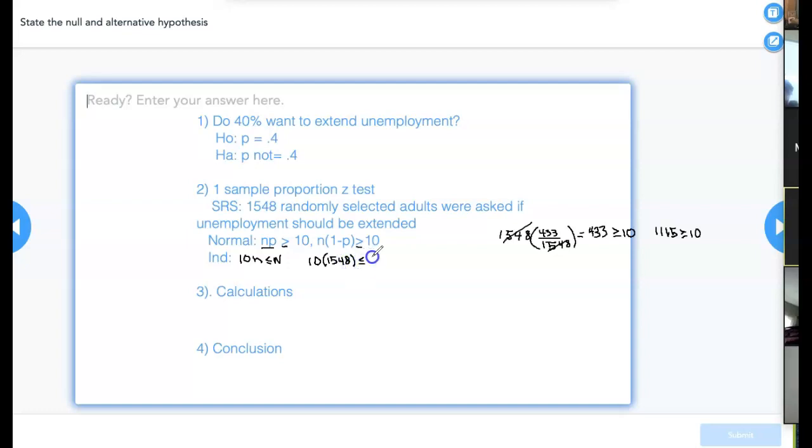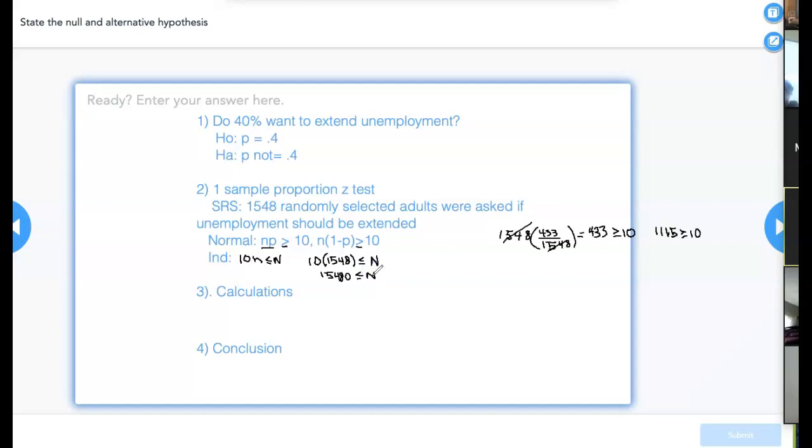Has to be less than or equal to the population.